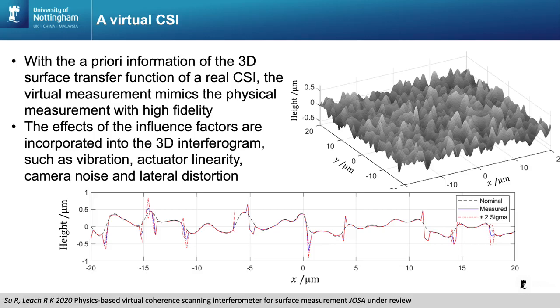We then propagate the various influence factors through the measurement with the foil model as the heart of the virtual instrument, and we can therefore extract what the uncertainty would be for that particular surface. And here you can see the measured surface. We can calculate the 2 sigma uncertainty around that measured surface, and we predict very well. As long as we're within the linear range, we can exactly predict the response that we would get from the instrument.